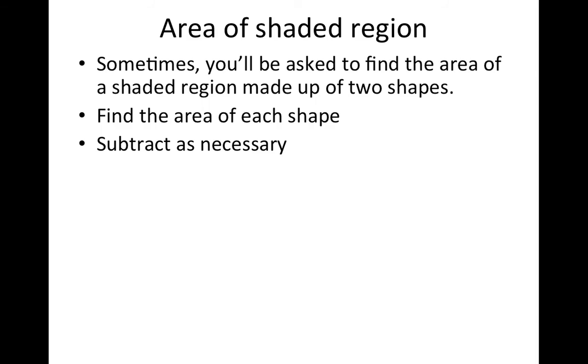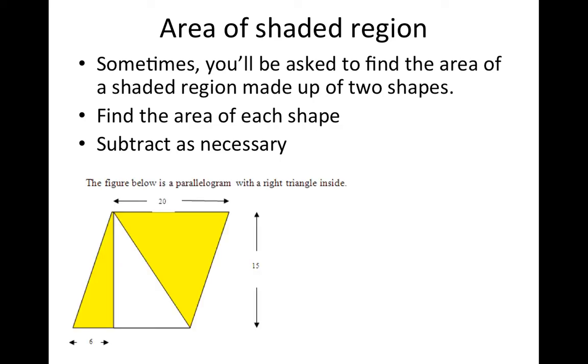Now sometimes you'll be asked to find the area of a shaded region made up of two shapes. What you need to do is find the area of each shape individually and then subtract as necessary. Let me give you an example. So this figure below here is a parallelogram, and it has a right triangle inside of it.